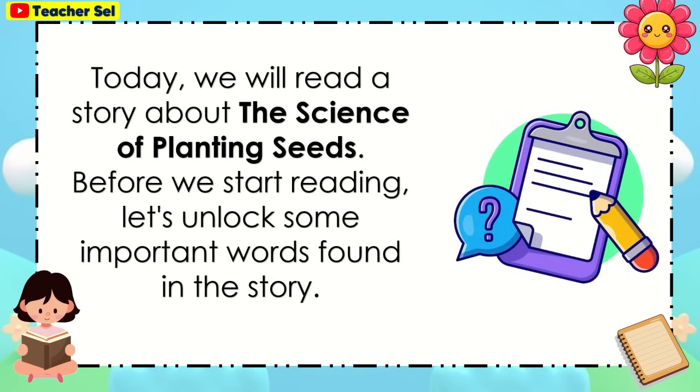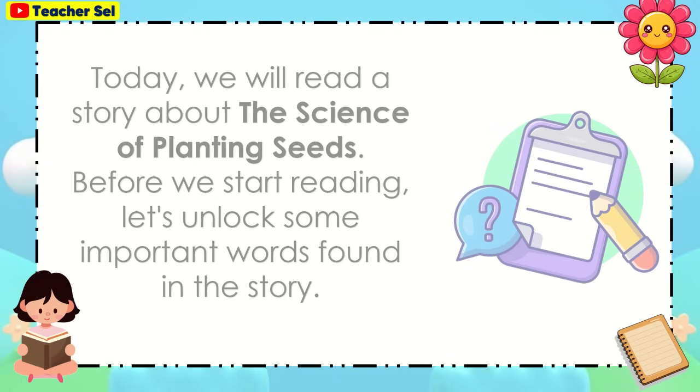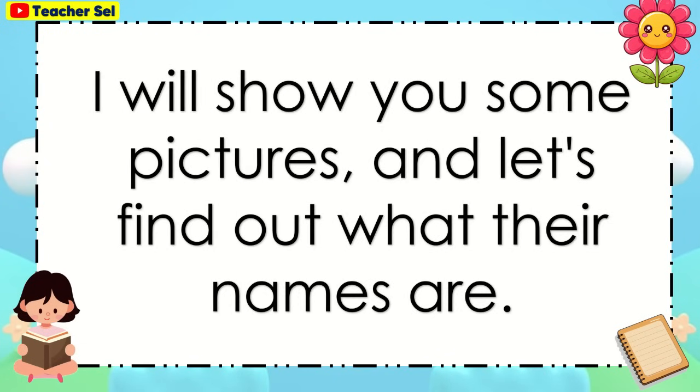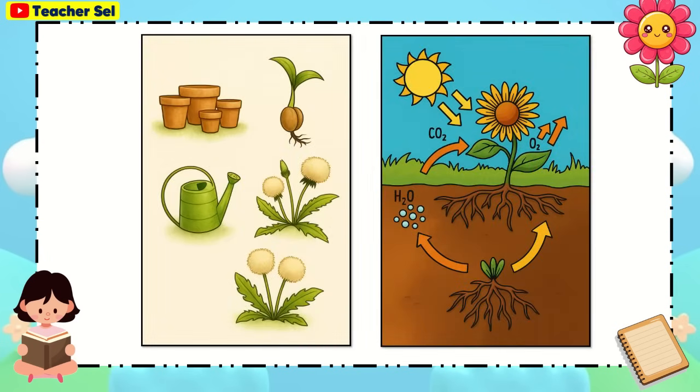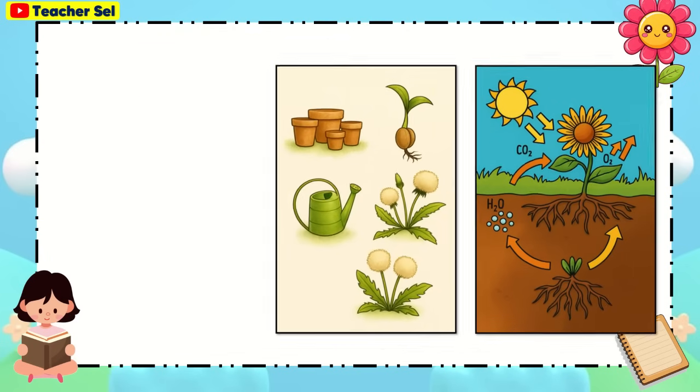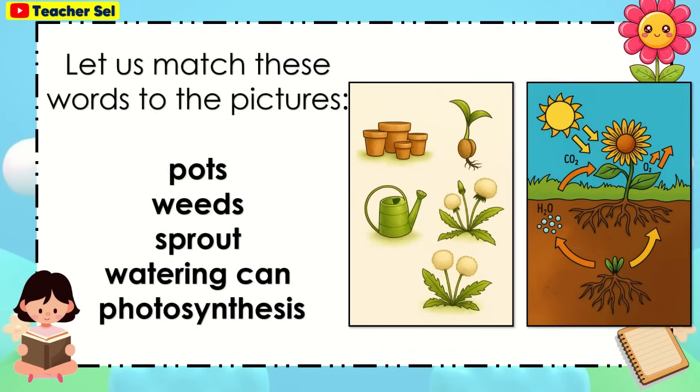Today, we will read a story about the science of planting seeds. Before we start reading, let's unlock some important words found in the story. I will show you some pictures and let's find out what their names are. Let us match these words to the pictures.